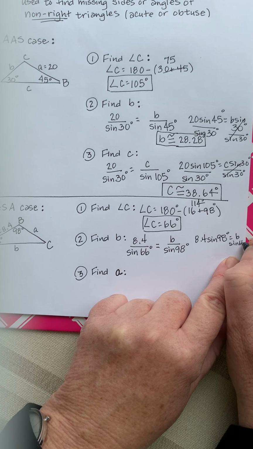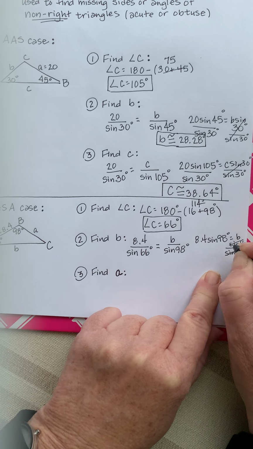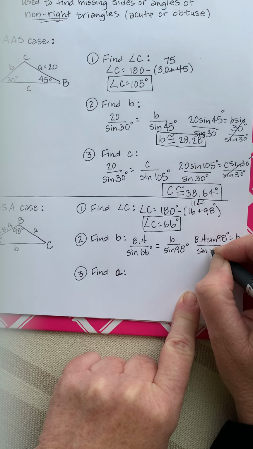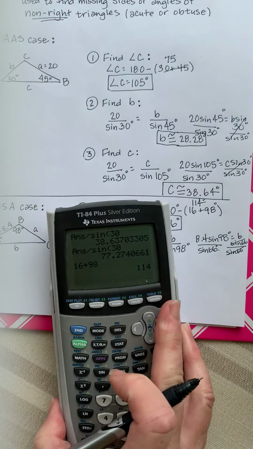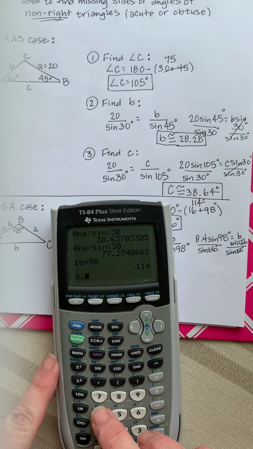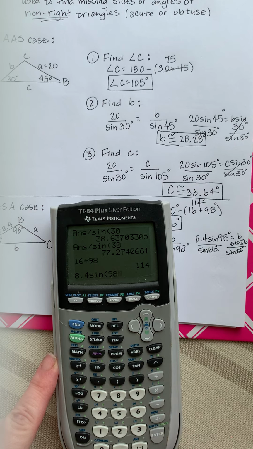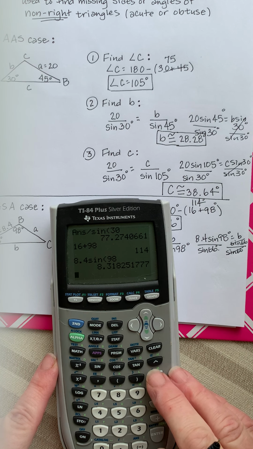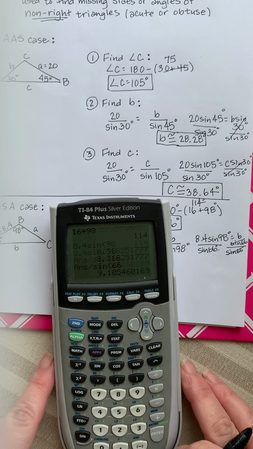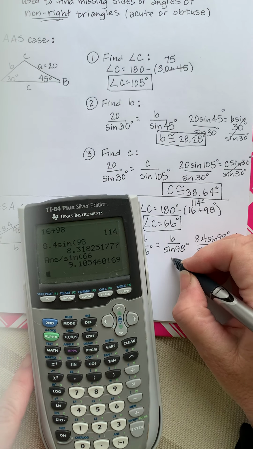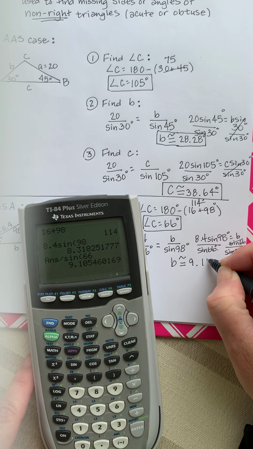Sorry, I'm running out of room here, guys. And I'm going to divide by the sine of 66. Okay, and again, I'm just going to type this in my calculator. 8.4 times the sine of 98, enter, or end your parenthesis, divided by the sine of 66. Okay, so side B is approximately equal to 9.11.